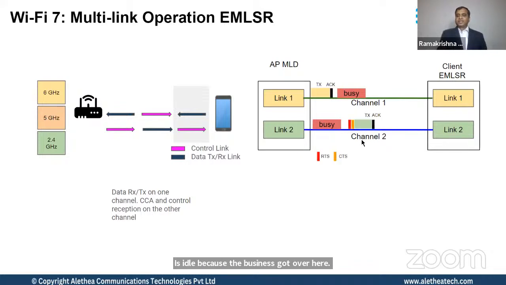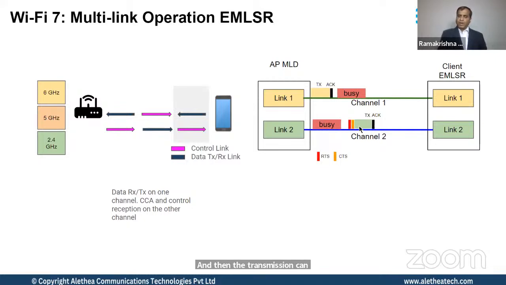And so what we have here is that in this case, the AP sends an RTS and the client has to reply with a CTS, and then the transmission can happen.